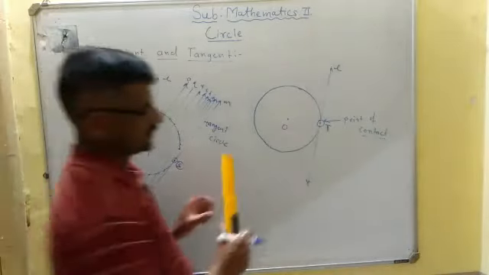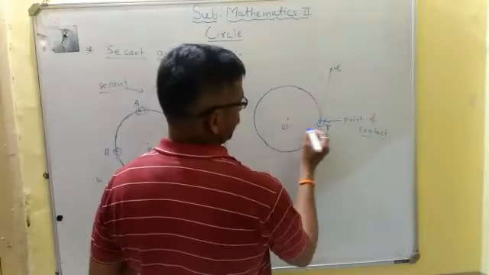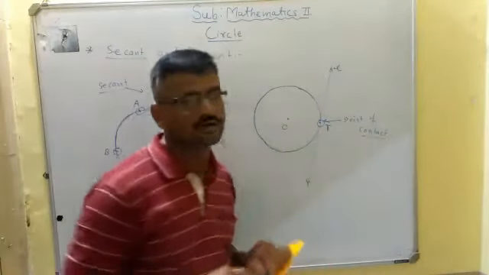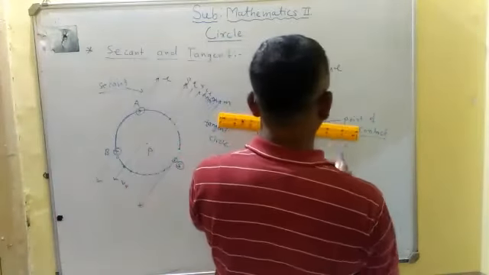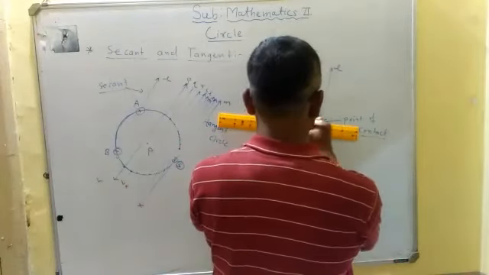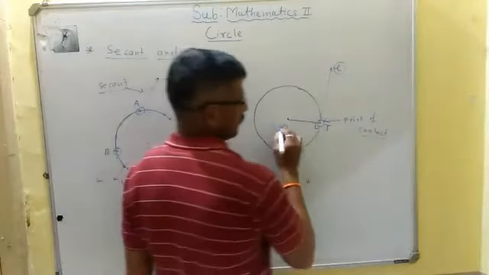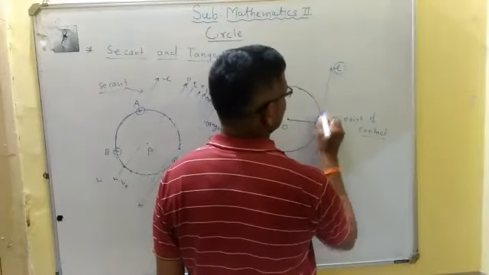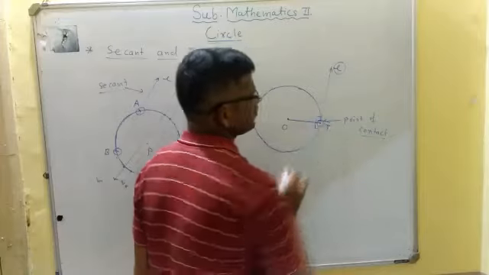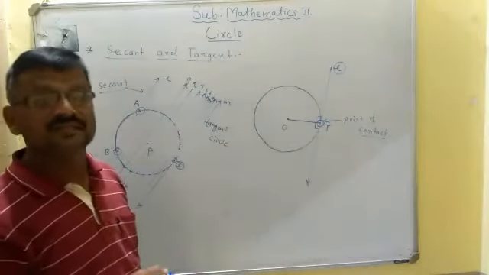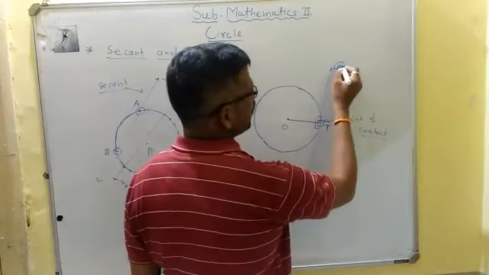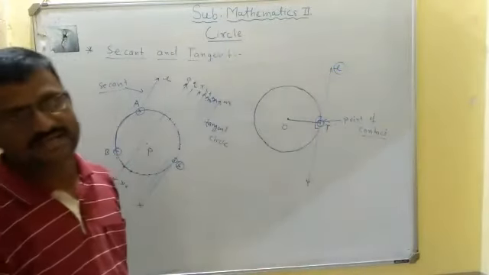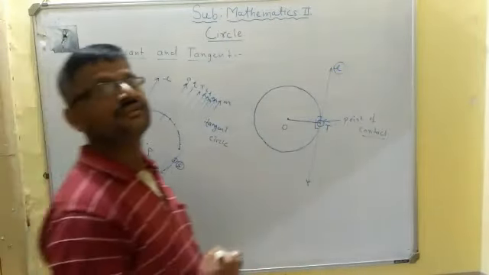Now look at the figure: between the point of contact and the center of the circle, there is a specific relation. What happens when you join the segment OT? We get OT exactly perpendicular to that tangent at point T. That means the radius at the point of contact is perpendicular to the tangent, and that is known as the tangent theorem.